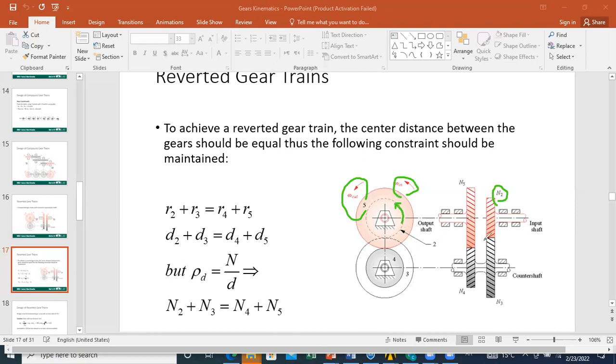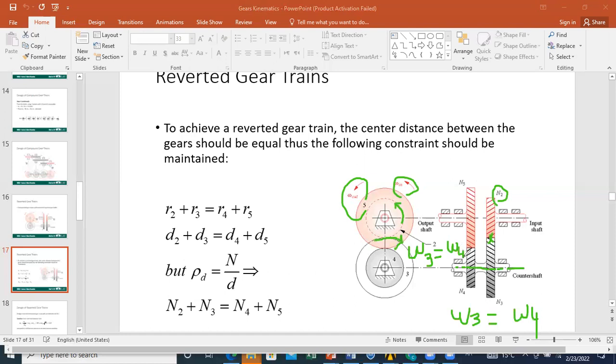2 is in mesh with 3. So 3 will rotate opposite to 2 because 2 and 3 are in mesh with an external set. So 3 will rotate clockwise. And because 3 and 4 are mounted on the same shaft, then omega 3 is equal to omega 4.